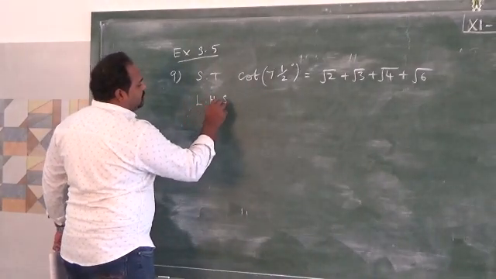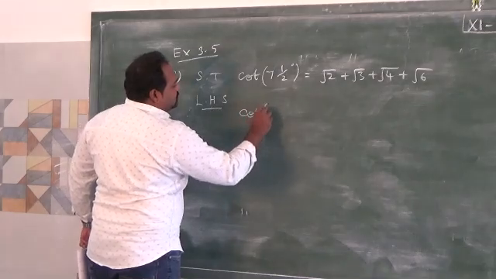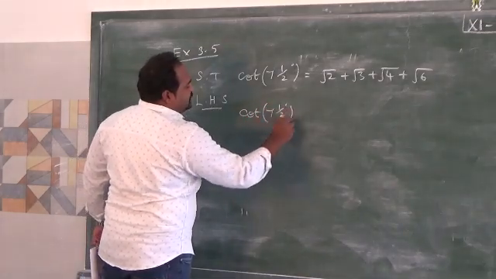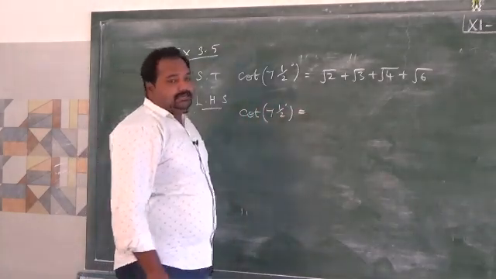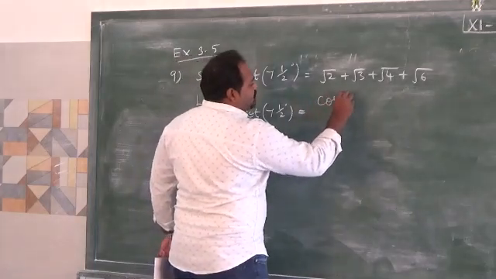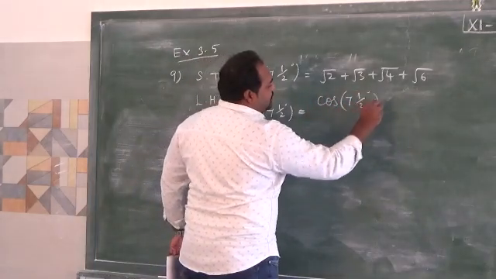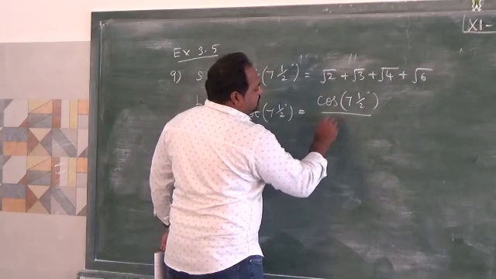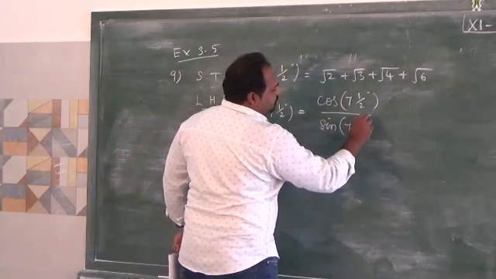LHS: cot 7.5 degree. This can be written as cos 7.5 degree by sin 7.5 degree.